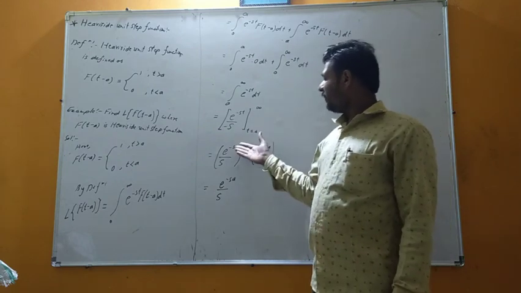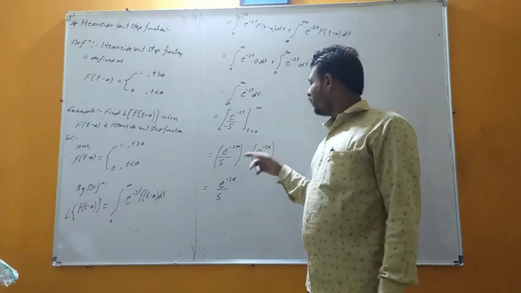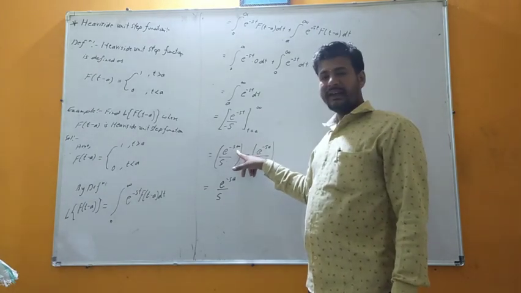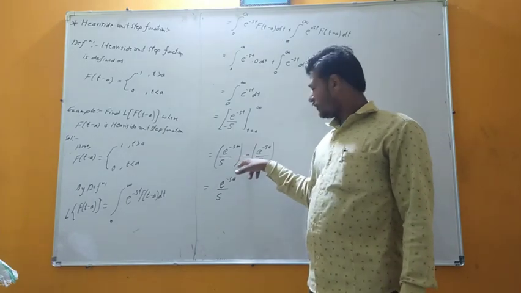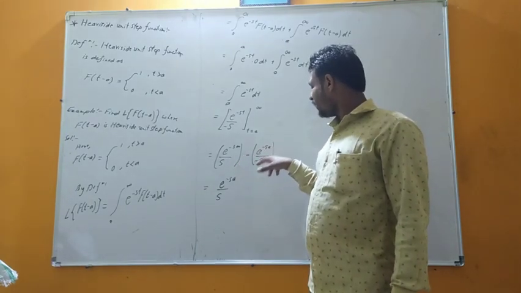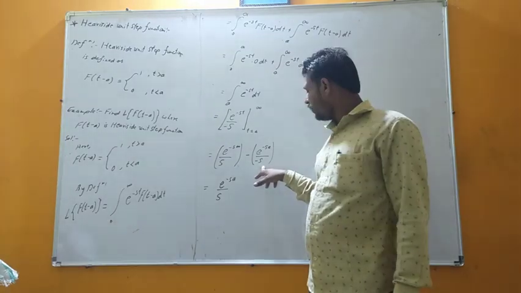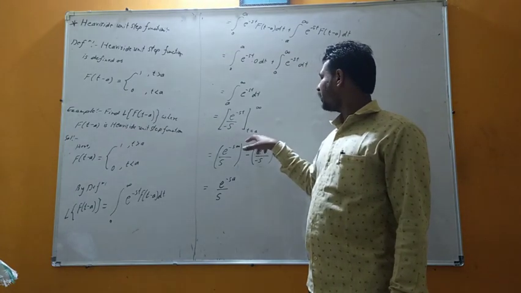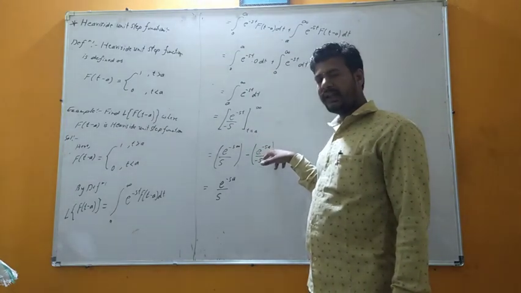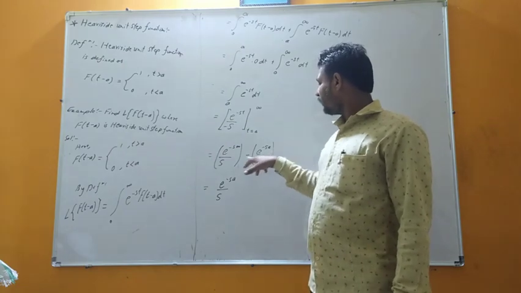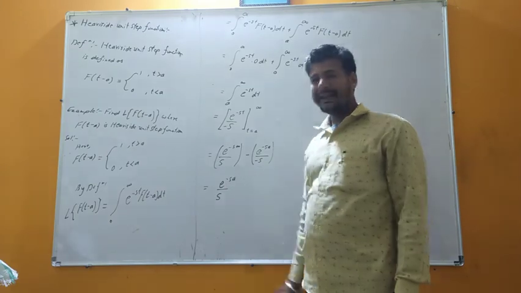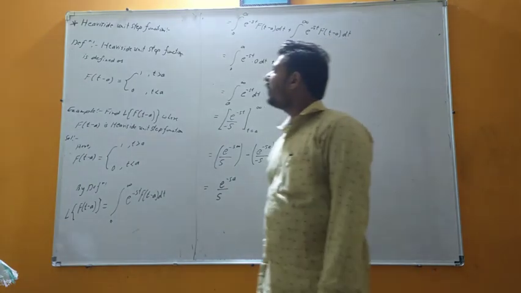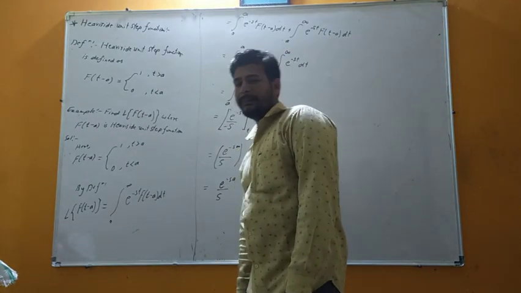We put upper limit minus lower limit: at infinity, e raised to minus infinity is 0, minus the value at the lower limit a, e raised to minus s a upon minus s. Minus into minus gives plus, so we get e raised to minus s a upon s. This is the Laplace transform of a unit step function.